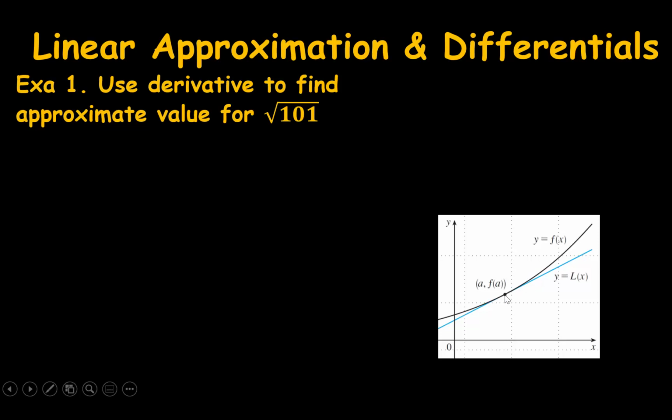Starting with a, let's look at the point x equals x, and y will be f(x). So y equals f(x) will be the point on the curve. But let's find the point on the straight line. You could work out the equation of the line and determine the y value, but you can actually just see it.